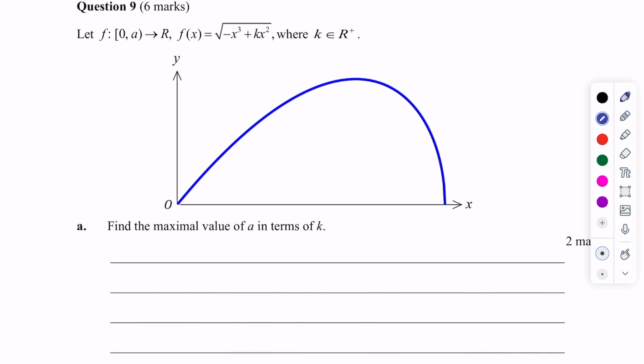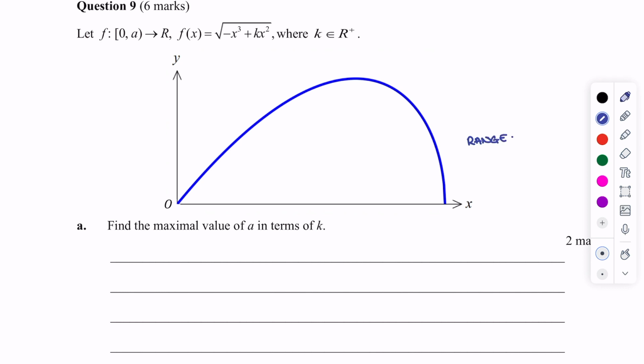We'll want to notice here that the range is 0 to infinity.